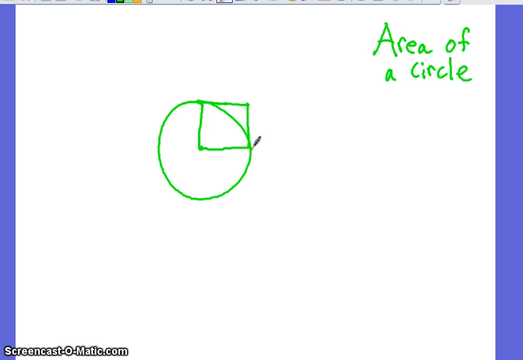The area of the circle fits within 4 squares. 3 squares wouldn't be enough, and 4 squares would be too much. That should give you a hint.